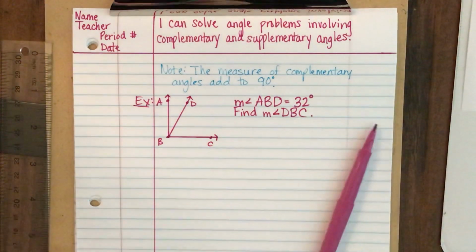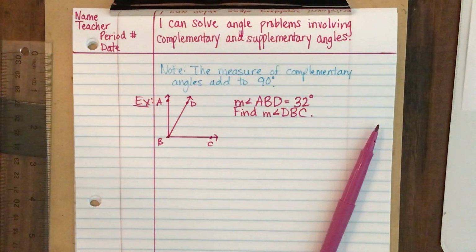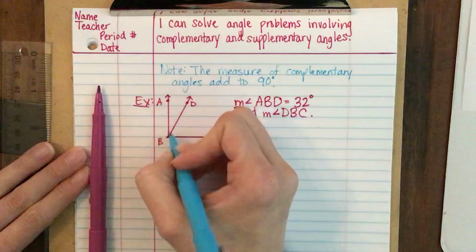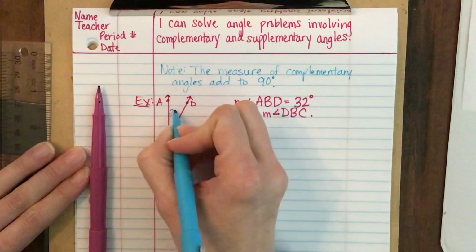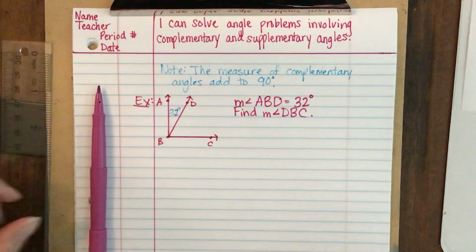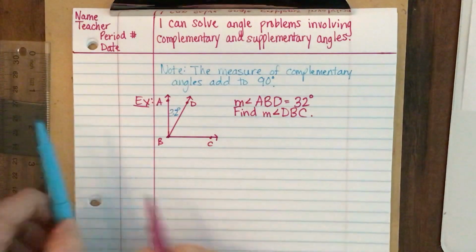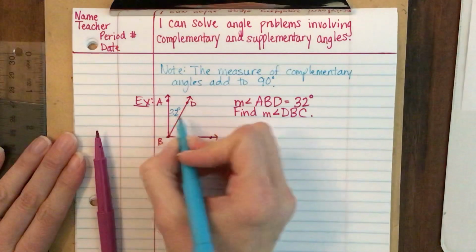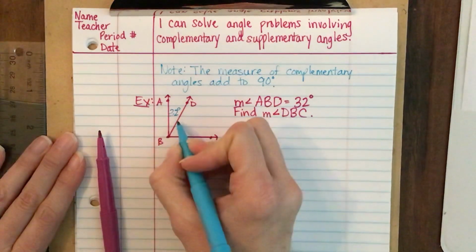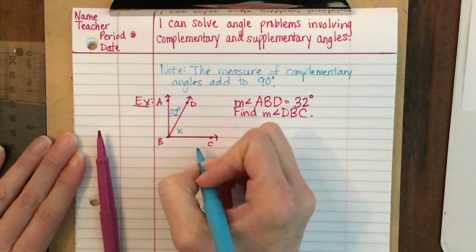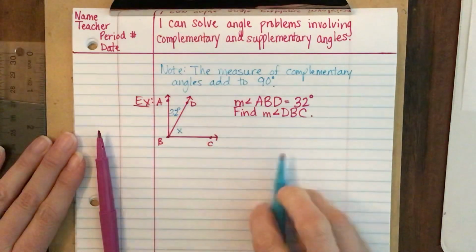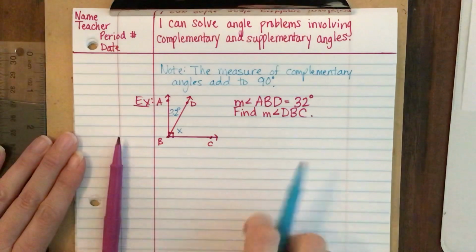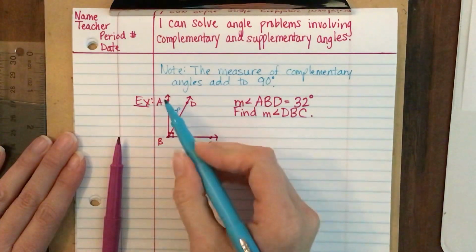Hopefully you have this down at this point, but we're just making sure. Okay. So if angle ABD is 32 degrees, this is 32 degrees right here. And I'm going to give this a name. I'm going to call it X. And I forgot my little box here, but that box tells you that these are perpendicular lines.